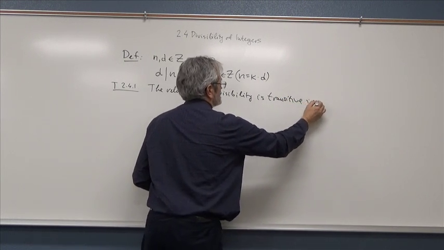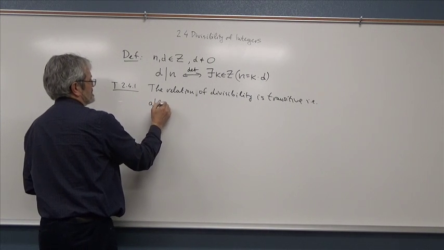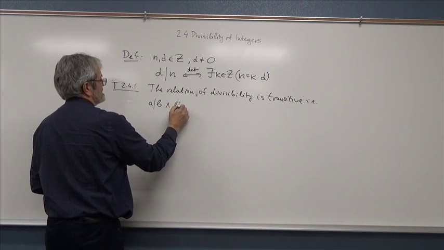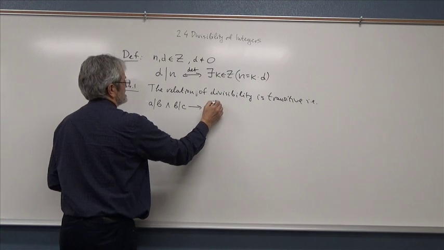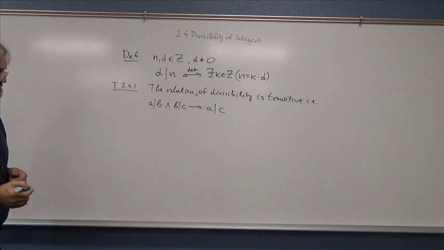Which means if A divides into B and B divides into C, then A divides into C. So how do we write that proof?